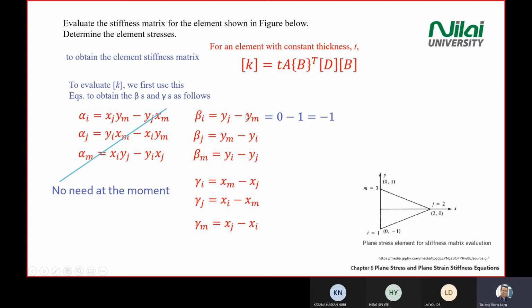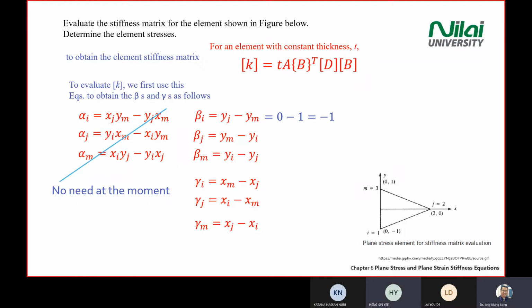So 0. ym, it means you refer to the M point, Y coordinate. M point, Y coordinate is 1. So the equation is 0 minus 1, you get minus 1. So you get the first one. Okay. Clear? Do you understand how to get minus 1?